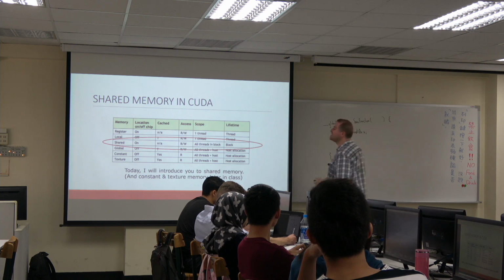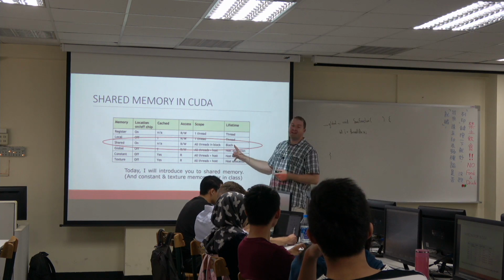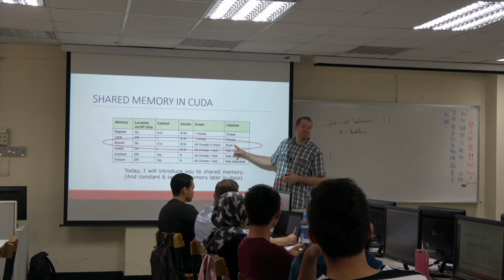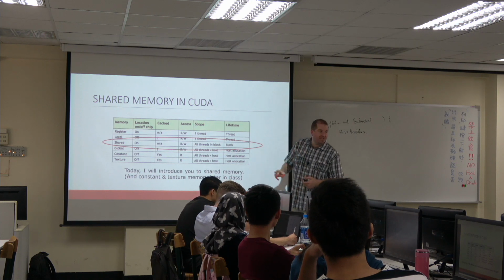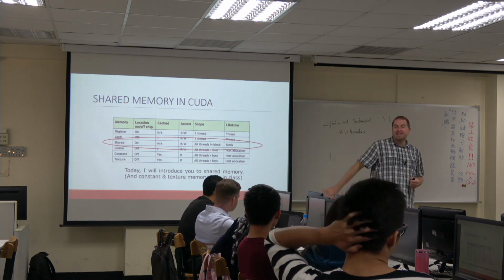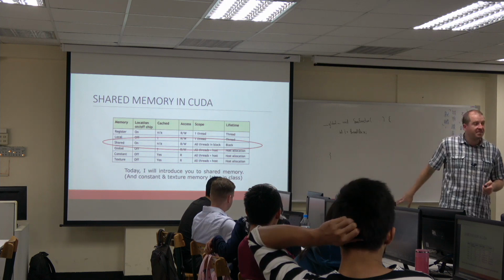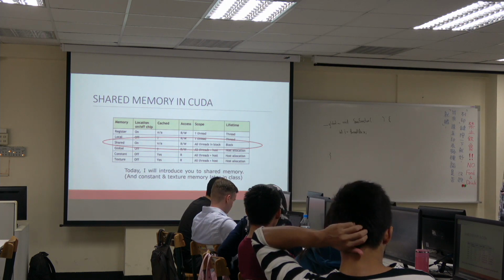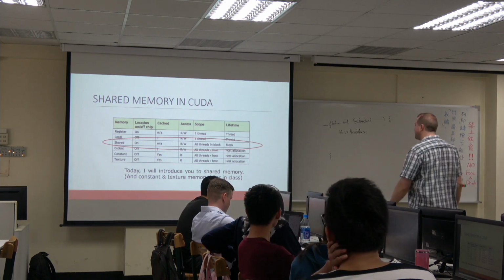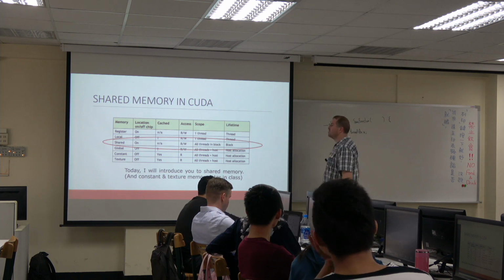So all threads can see shared. Lifetime, however long all of the threads in that block take to run. Once all of the threads in that block have finished their execution, then that memory is dead. It's automatically erased and reset for the next block of threads to complete on.